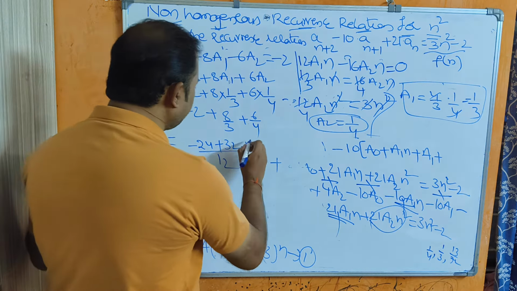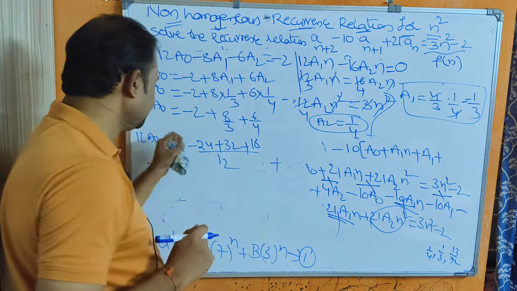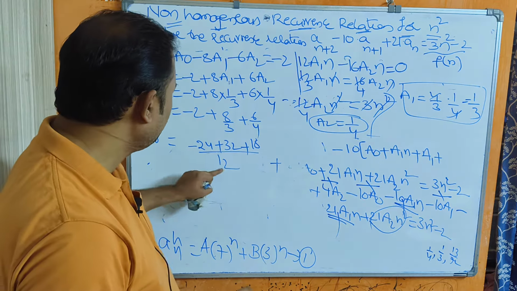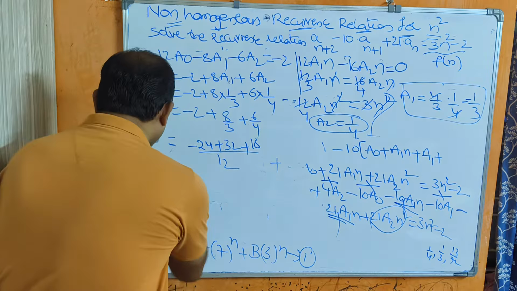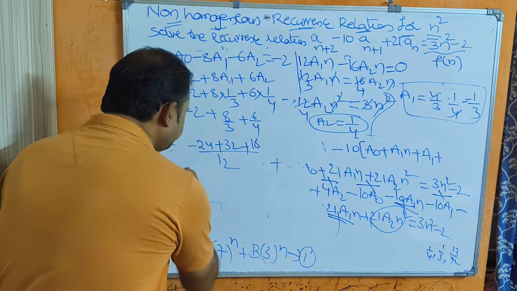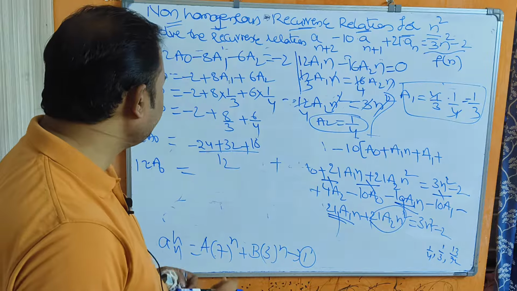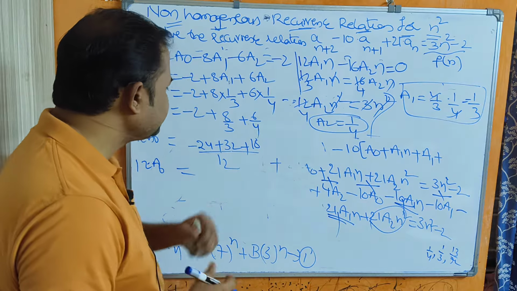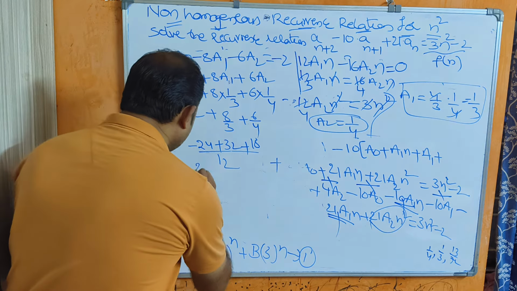Plus 4 3s are 12, so 3 into 6 means 18. So 12 into A0 equal to 32 minus 24 means 8.